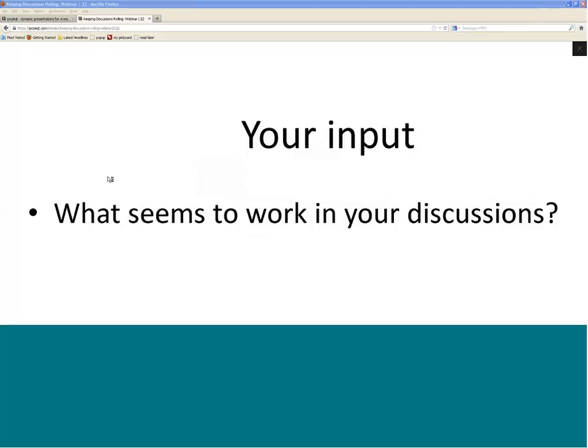On Wednesday, if still literally no one is making any posts, you could go back in and make a post that says something like, remember that for a good grade in the discussions, you need to make your initial post by this date, and you need to do follow-up posts by this date.